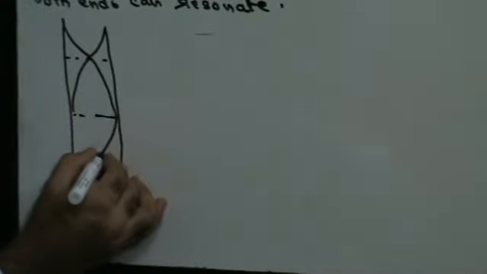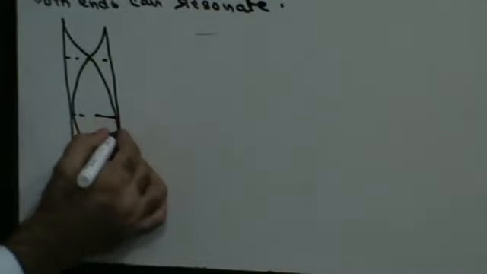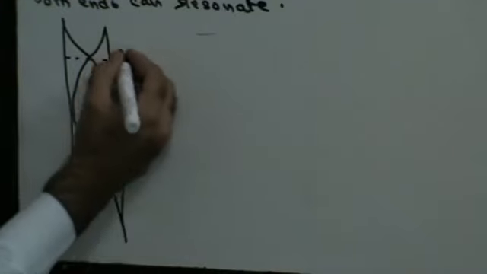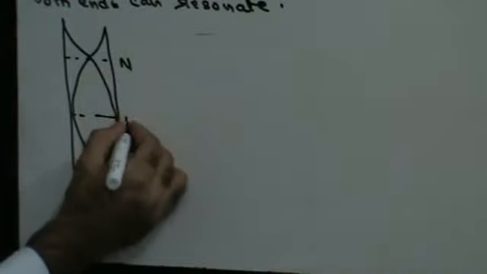Right, so let's assume that you have a node, antinode, node, and antinode. So you have a node, antinode, node, antinode and antinode, right?